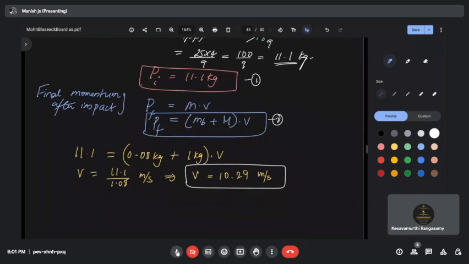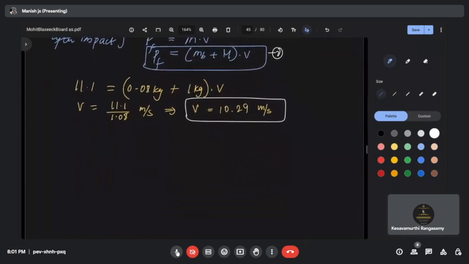Let me write it here at the bottom. Total energy here is equal to the kinetic energy of the bullet and the block.